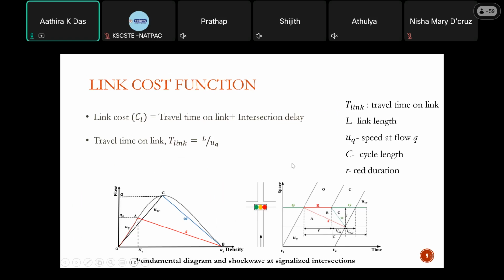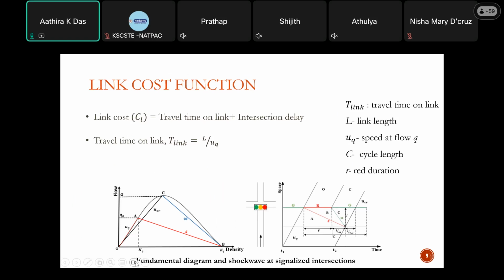So during the red interval, the average delay incurred by a vehicle is R by 2, that is red duration by 2, whereas during the green phase, the average delay will be 0. Therefore, during the entire cycle, the average delay incurred by the vehicle at signalized intersection will be a weighted average of delay incurred during the red phase and the green phase.